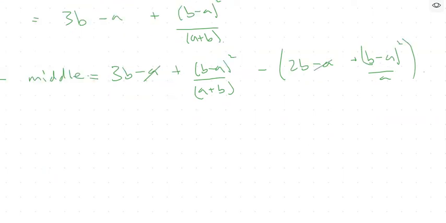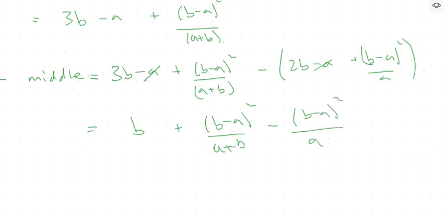They cancel. We've got B plus (B minus A) all squared over (A plus B), minus (B minus A) all squared over A.